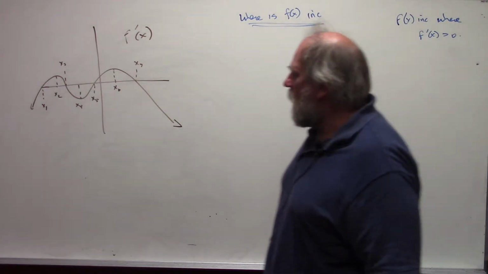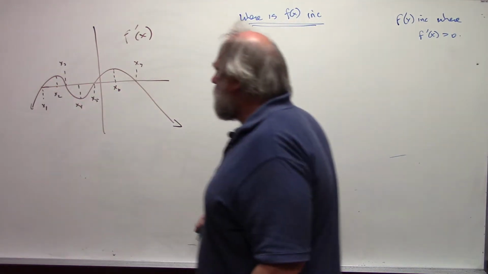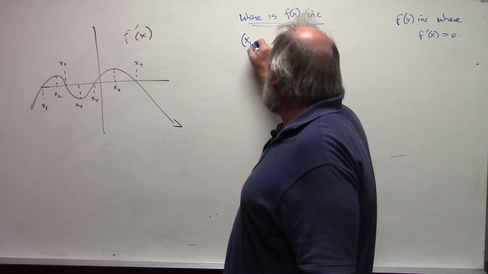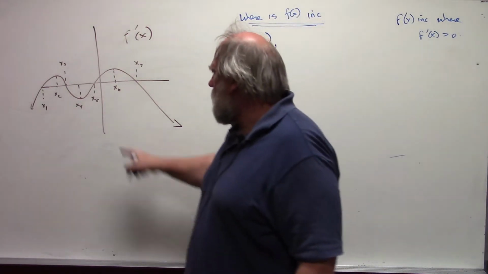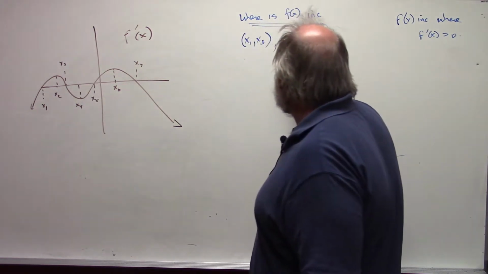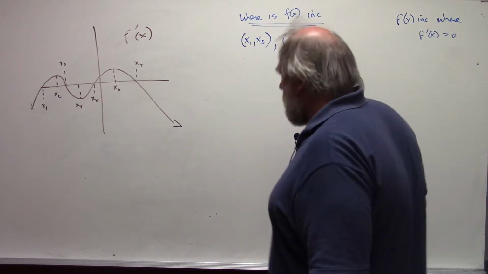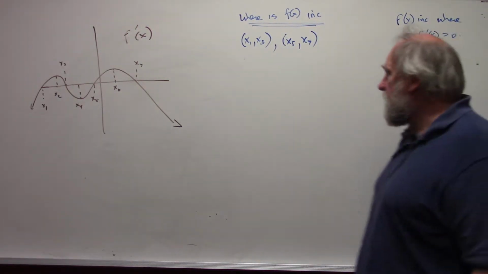Therefore, looking at my graph over here, the first derivative is positive between x1 and x3. It's positive between x5 and x7. So this is where my original function is increasing.